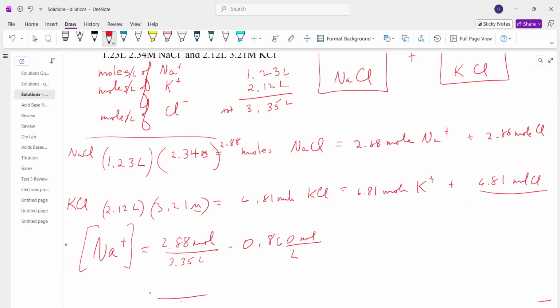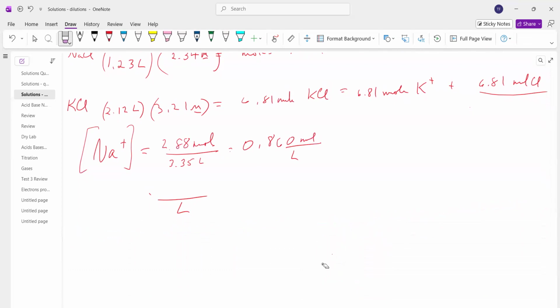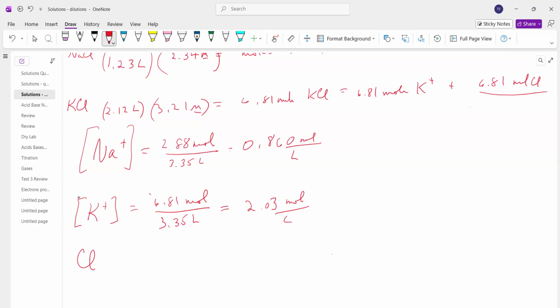Okay. We do the same thing for the potassium. Okay, that's for potassium. And then lastly, the chloride.